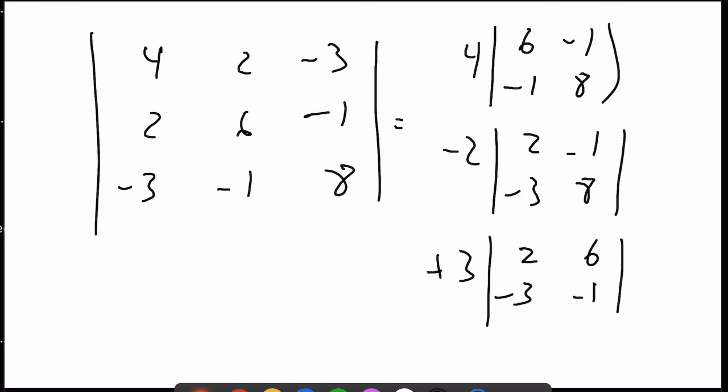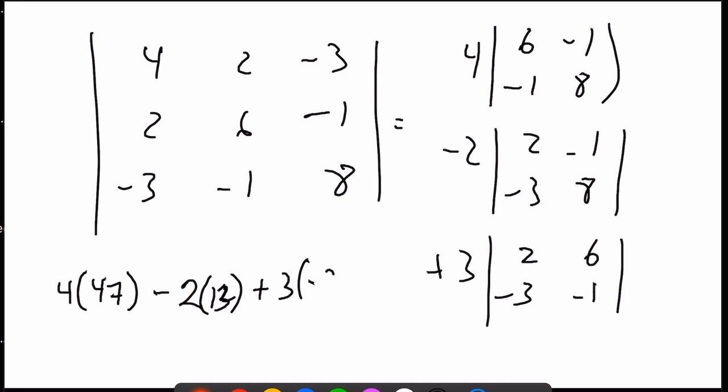Okay? That's 4 times, what? 48 minus 1 is 4 times 47. Minus 2 times that 16 minus 4 is 12. 16 minus 3, rather. So that's 13, right? Plus 3 times minus 2 minus 18 is minus 20.